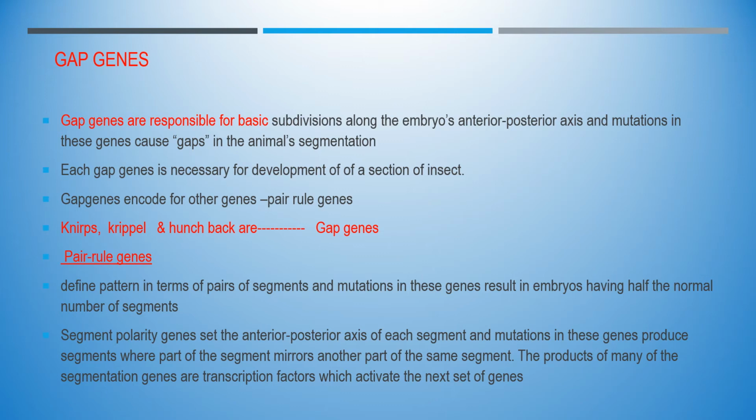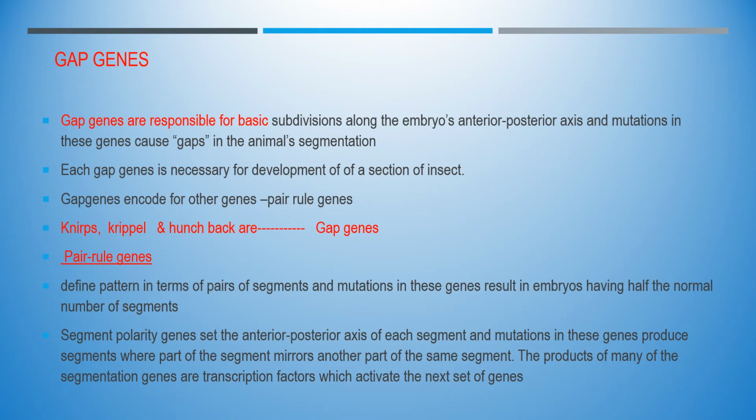Now what are pair rule genes? You may define them as the genes that define the patterns of segmentation in the formation of a fruit fly. And if any mutations occur in the pair rule genes, then there will be some deformity in the formation of the adult fly. Now the next type of genes are segment polarity genes.